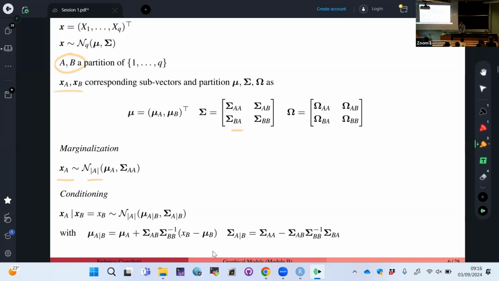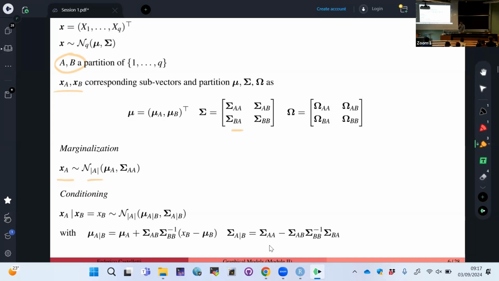In particular, for the conditional variance-covariance matrix, we have this expression here, which depends both on the diagonal block sigma_AA, but also on the off-diagonal blocks, sigma_AB and sigma_BA. So there is this kind of strange relationship between the blocks of sigma and the conditional variance-covariance matrix.